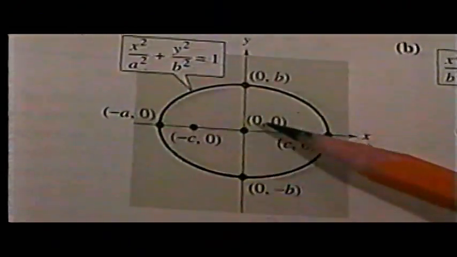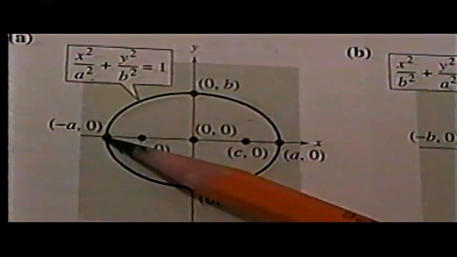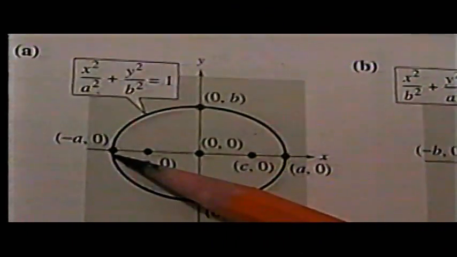That's a, this distance here. So if this distance here is a, this point would have to be (a, 0) because you don't go up or down any to get to this point. So y would be 0. For this point back here, this vertex, the coordinates are (-a, 0).